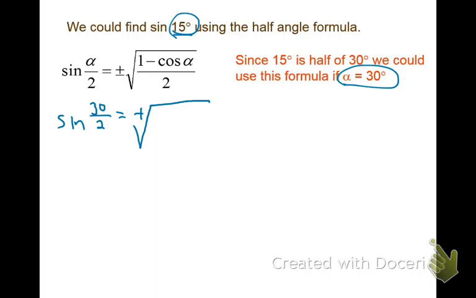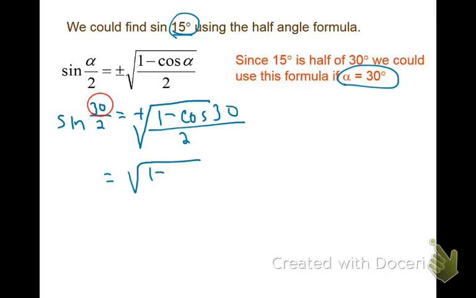So now I'm going to have 1 minus cosine of my alpha, which is the 30, not the 15. Okay? Cosine of 30 over the 2. All right, go to unit circle.